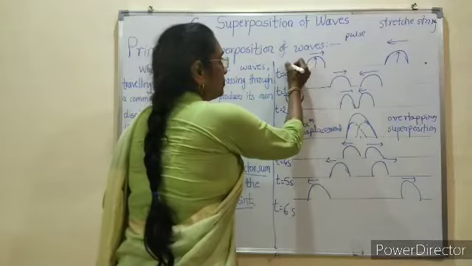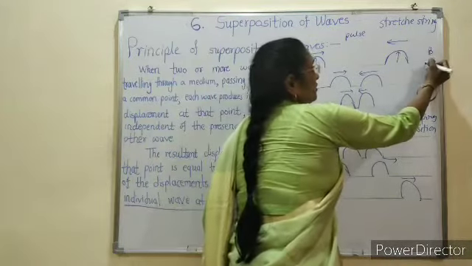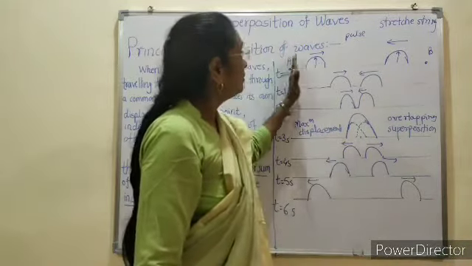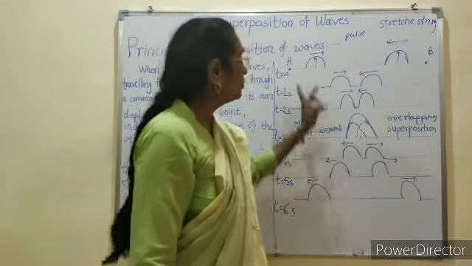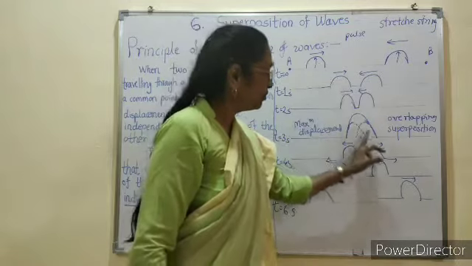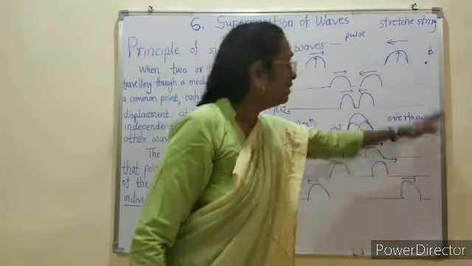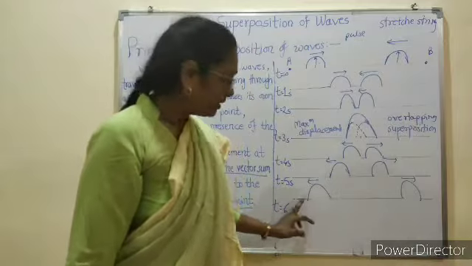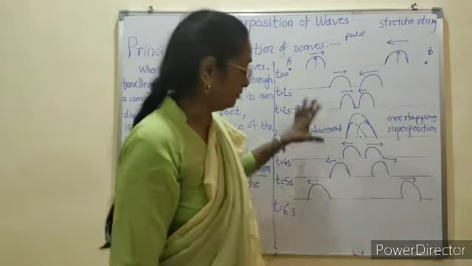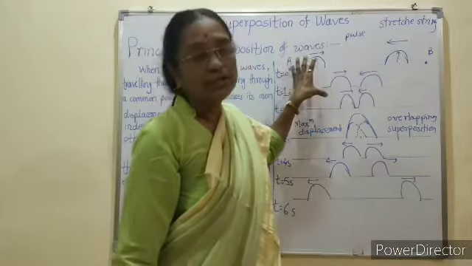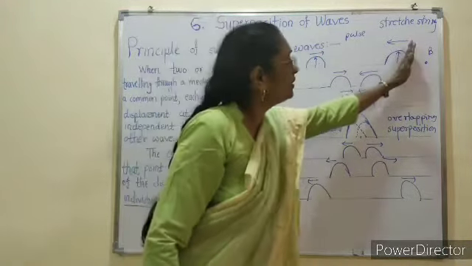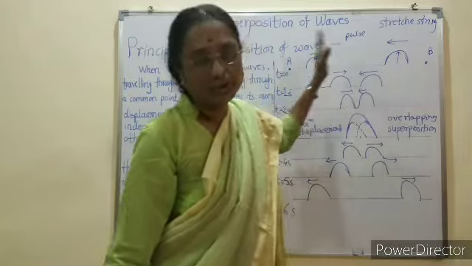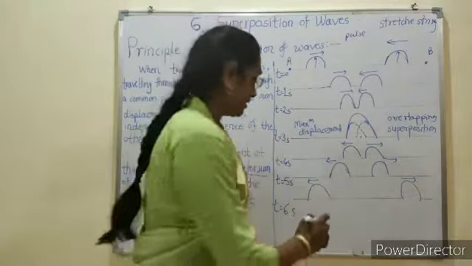Here for the first pulse the source is A, for the second pulse the source is at B. So in the last diagram we observe that the first pulse is going towards the right end, and the pulse produced at the right end is now going towards the left end, because energies are provided in such a way that the first has to travel from left to right, and the second is given energy to travel from right to left. So they maintain their direction.